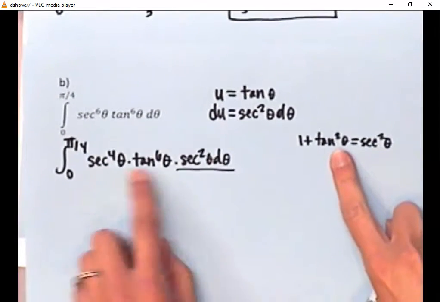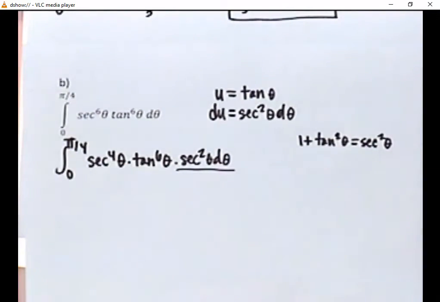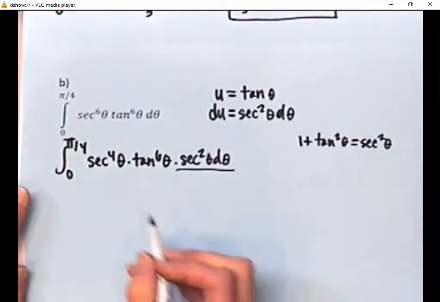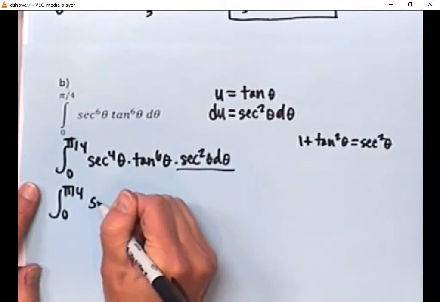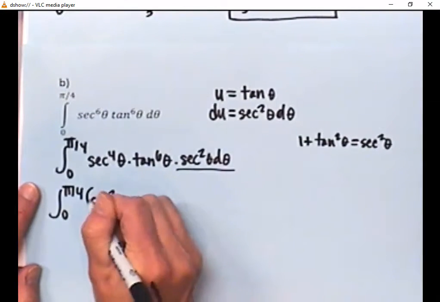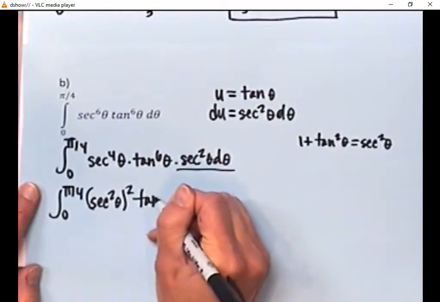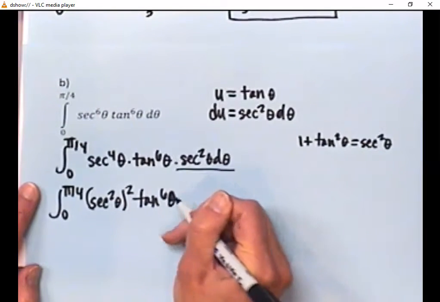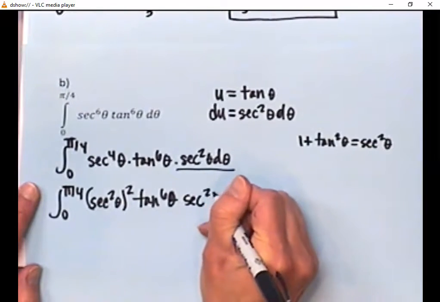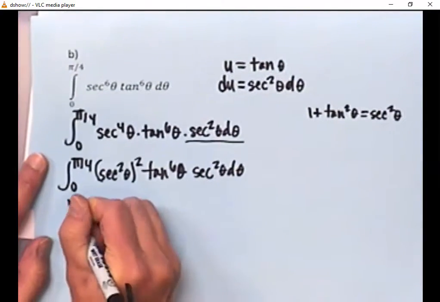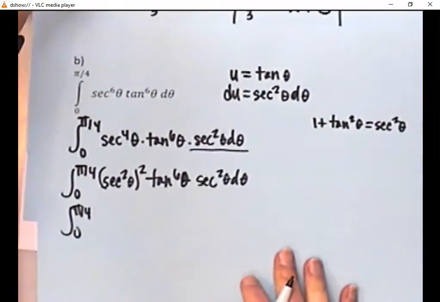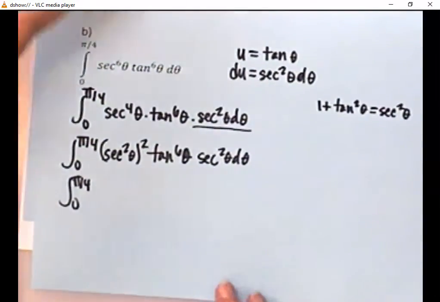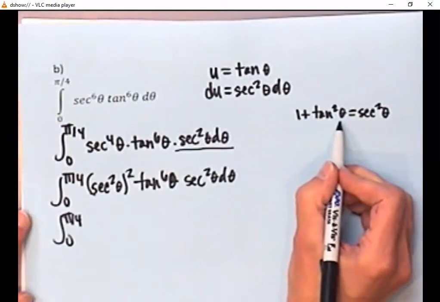So if I can replace everything else and put it in terms of tangent, great, because then I have it in terms of u. So let's go ahead and do that. So secant to the 4th, we can rewrite that as, right, secant squared squared. So now I can replace that. What can I replace the secant squared with? 1 plus tangent.